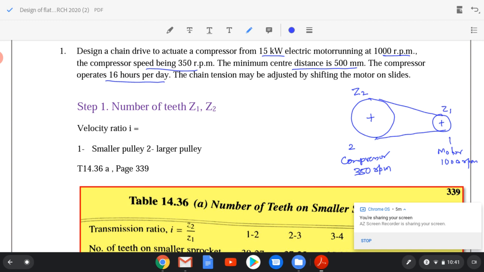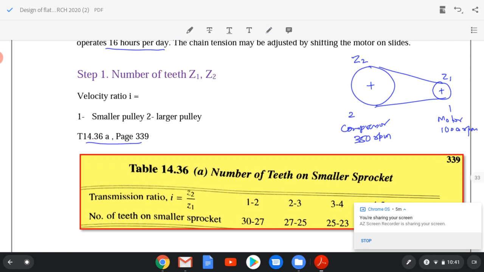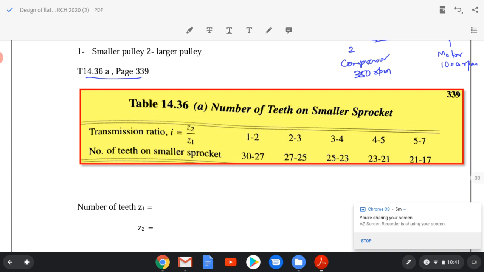So from table 14.36a on page 339, I can find the number of teeth on the smallest sprocket, or I can get Z1. So for velocity ratio or transmission ratio i equal to Z2 by Z1, Z2 by Z1 is same as N1 by N2.